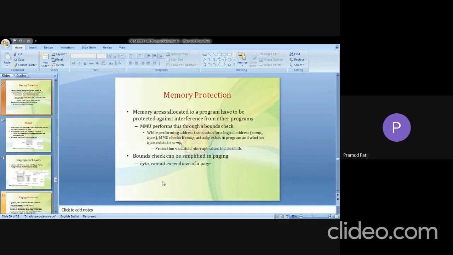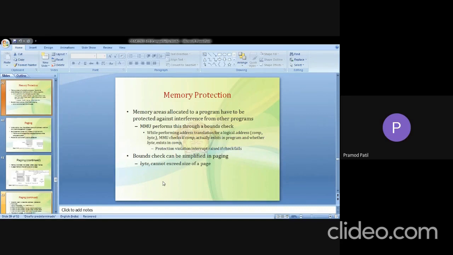Then memory protection. Memory protection is very important, and it can be done using the bound registers. We have bound registers for the upper bound limit and lower bound limit, which allow only limited access, so it is not going to harm or lose any data.